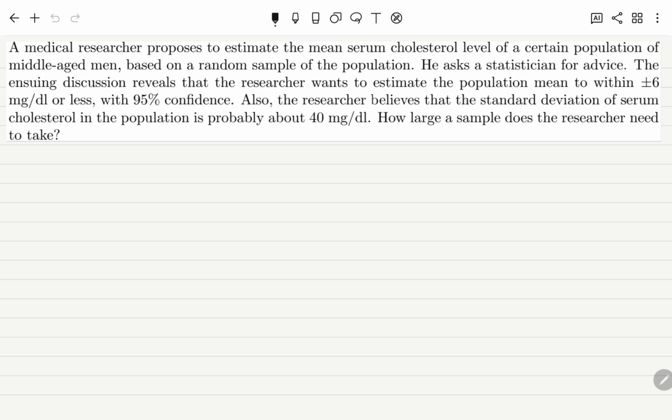To start off, we first highlight the important facts from the question.